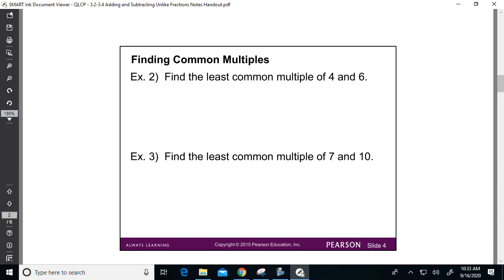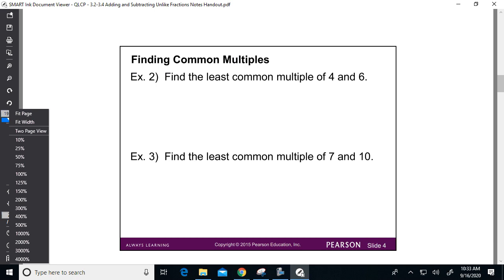So, least common multiple of 4 and 6. Any guesses before we work this out? Least common multiple between 4 and 6. 12.